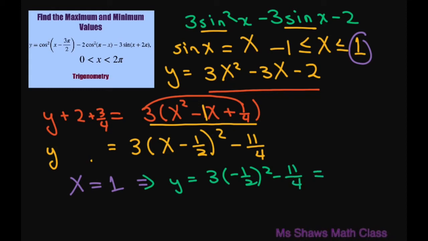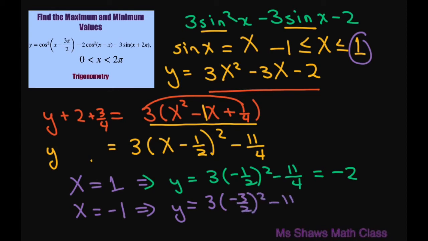This is going to give you negative 2. And when x equals negative 1, we're going to get y equals 3 times negative 3/2 squared minus 11/4. And this is going to equal 4. So we have those two values there, and now we have our equation as well.